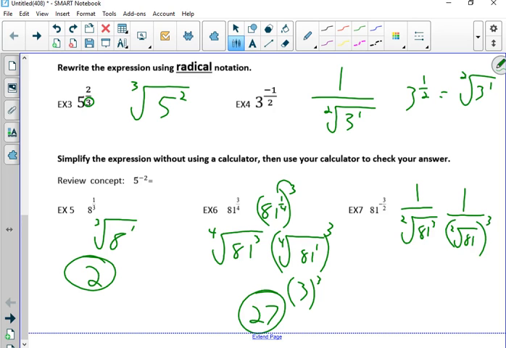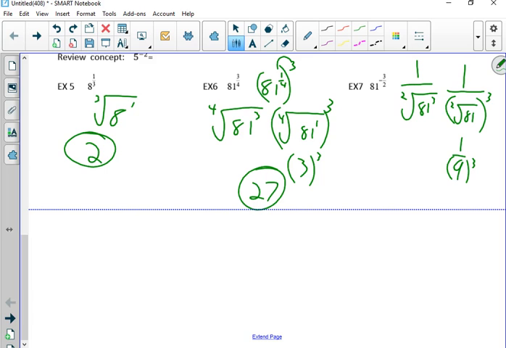Because now we take the square root of 81, which is 9, and we're going to take it to the third power. So 9 times 9 is 81. I said don't use a calculator, so we're going to do 81 times another 9 and get 729. So our answer is 1 over 729.